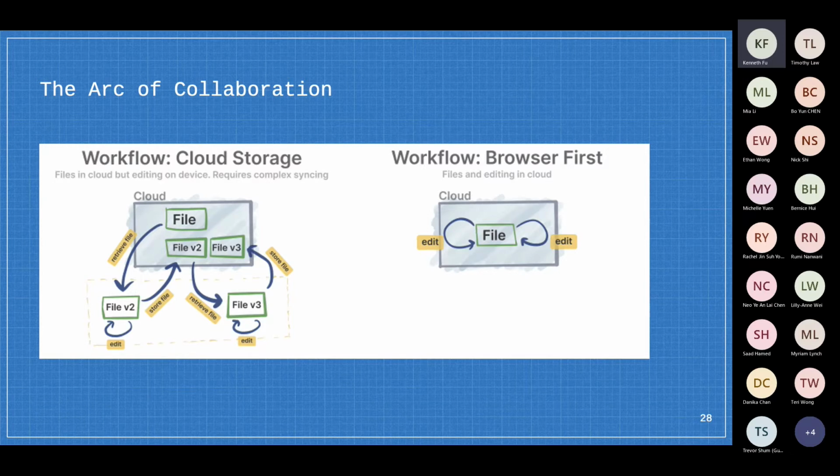But Figma really solved all this. And by making it browser first, it's similar to how Google Docs works. You can edit everything on one browser, and things update live and fast. So the art of collaboration is much more modern and transparent for all the users.